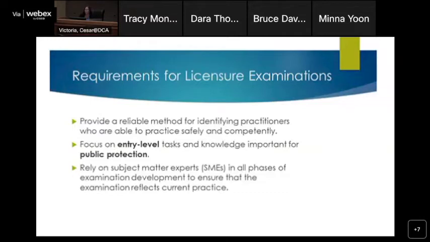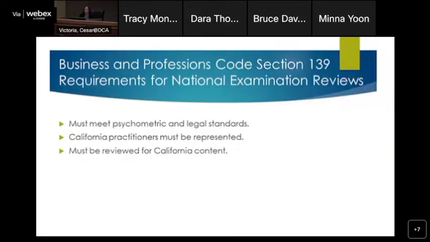And so these are very important components that are required for licensure examinations and what adds what we call the evidence of validation, making sure they're not only robust, but they're also fair to those applicants who are sitting in the examination and participating in the process. The next slide, please.